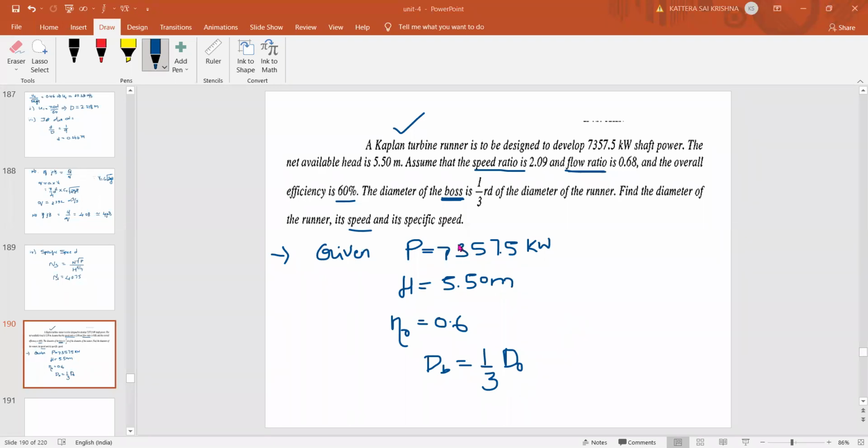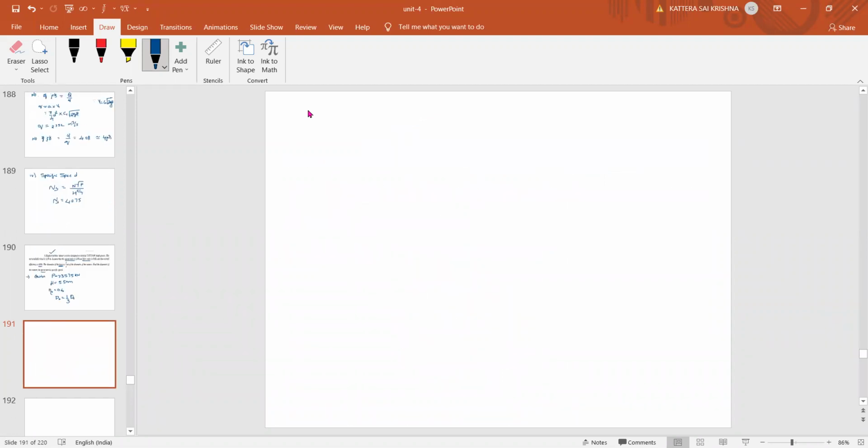We'll start with the solution. Done, sir. Right. So first we'll take the speed ratio which is given.